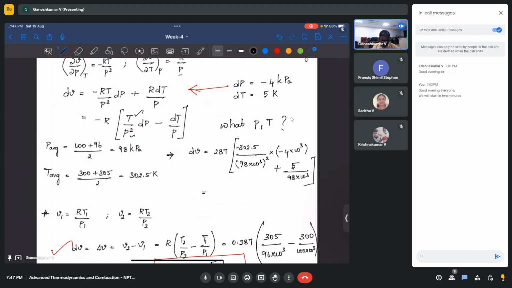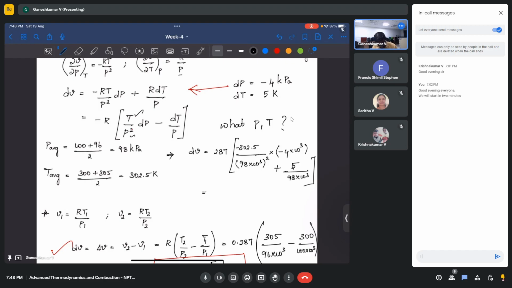Let me also calculate. 302.5 into 4 into 10 power 3 divided by 98 square plus 5 divided by 98 into 10 power 3, times 0.287.